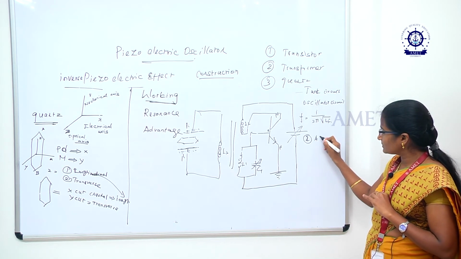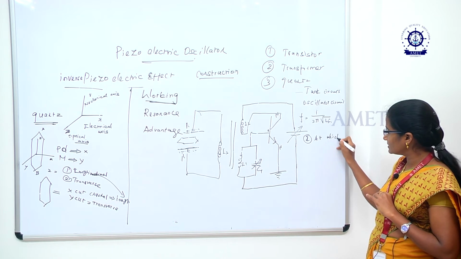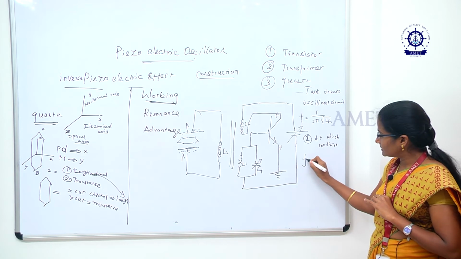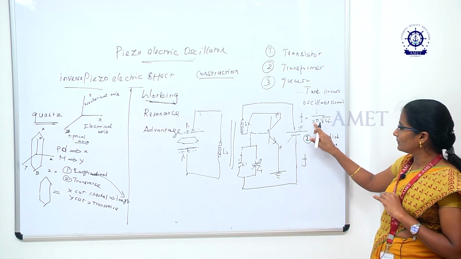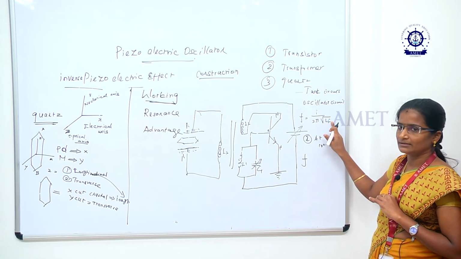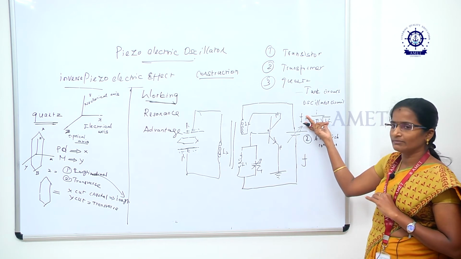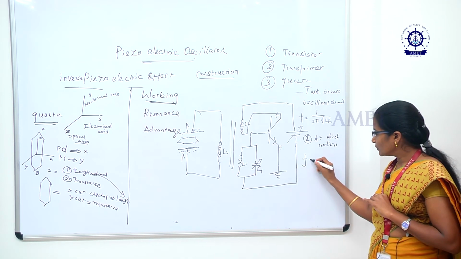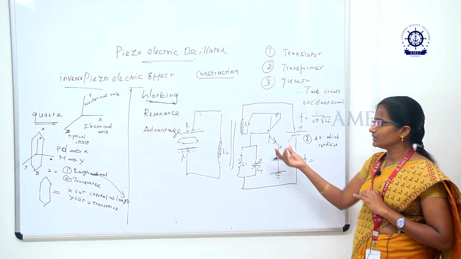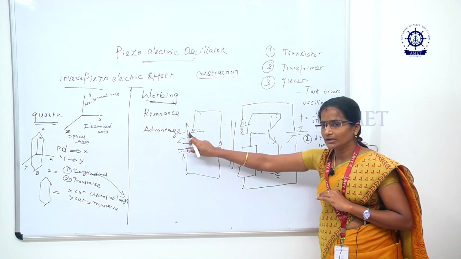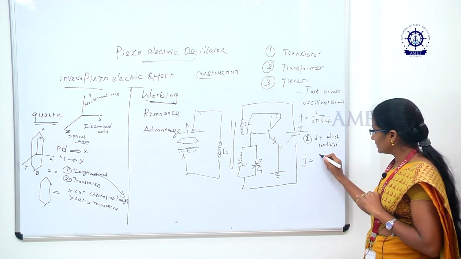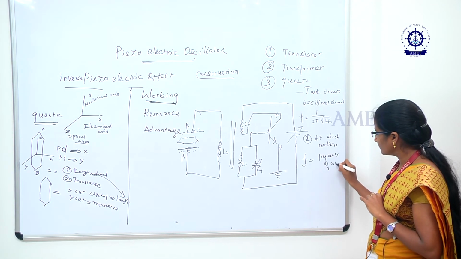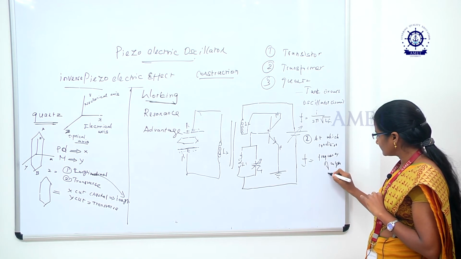It is the condition at which the oscillator frequency, F is equal to 1 by 2 pi square root of LC, for this value of the capacitor, coincides with or is equal to the frequency of the crystal vibration of the quartz crystal.